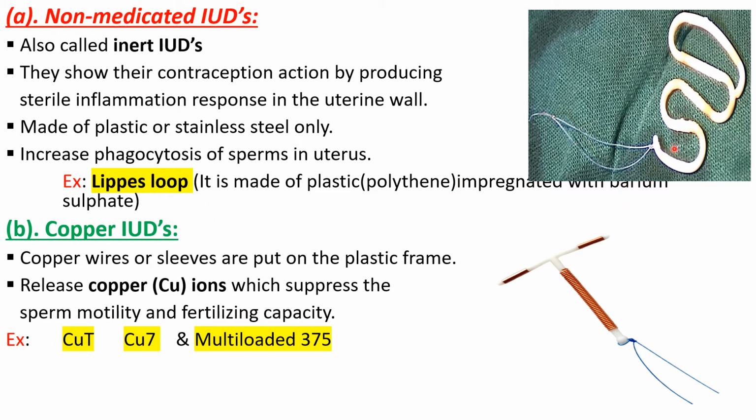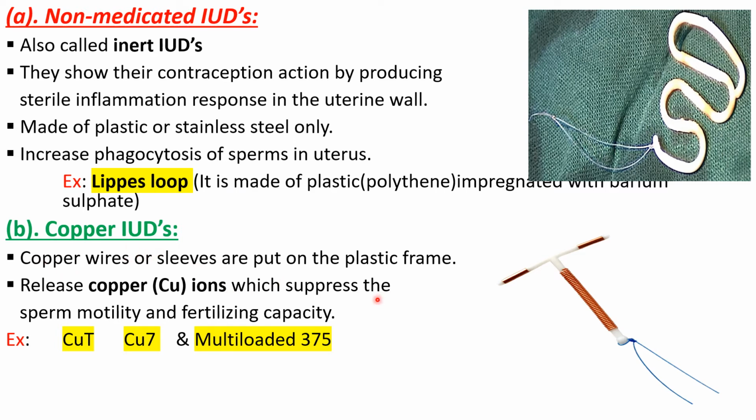That is about non-medicated IUDs. This is the removing thread. When a female doesn't want to continue with the IUD, with the help of this thread, the device can be easily removed from the uterus.